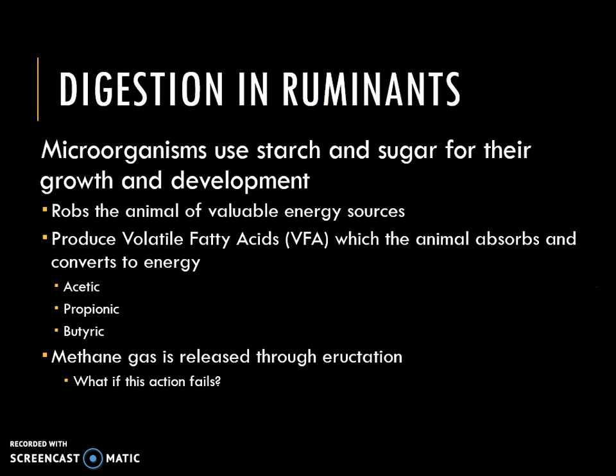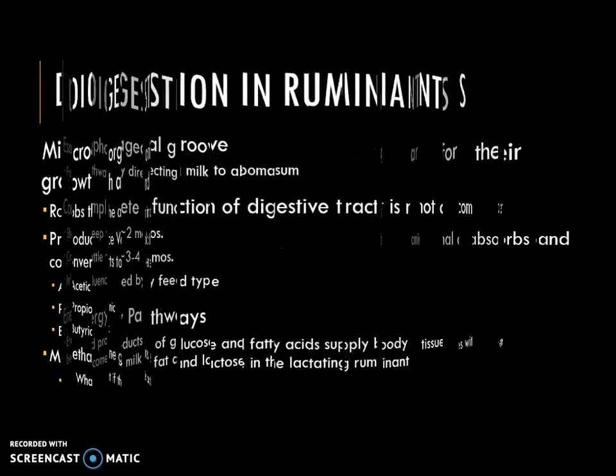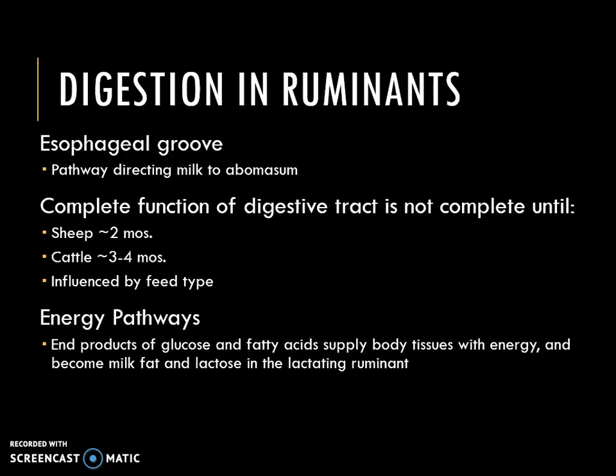Microbes are going to use a lot of the starches and sugars that are present in the rumen, and like I said, then make some good things for us, like volatile fatty acids, which the cow then turns around and converts to energy for herself. But again, we've got to get that methane gas, as we have fermentation occurring, released through eructation, or we have a problem that we call bloat, which of course could be fatal.